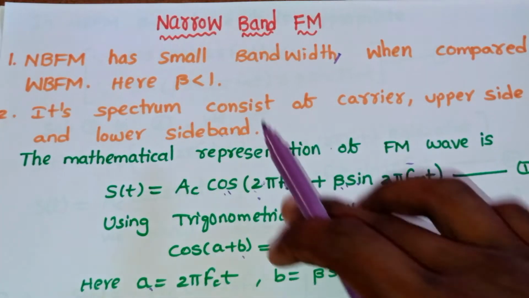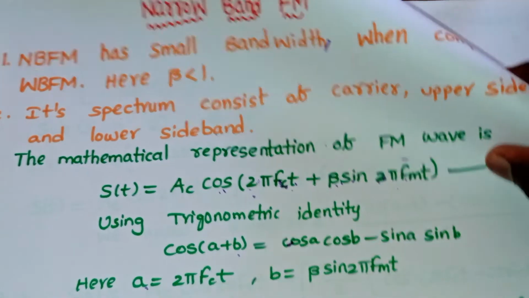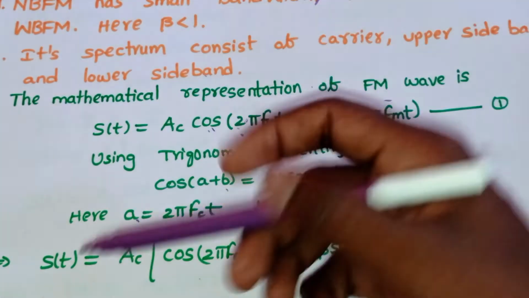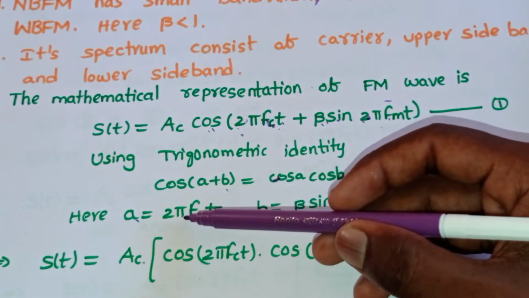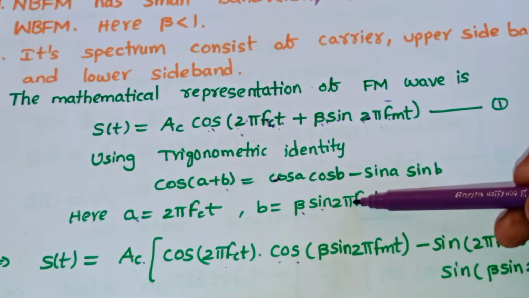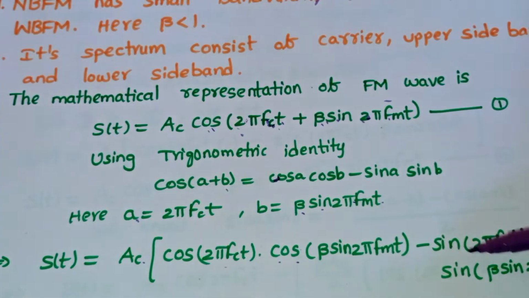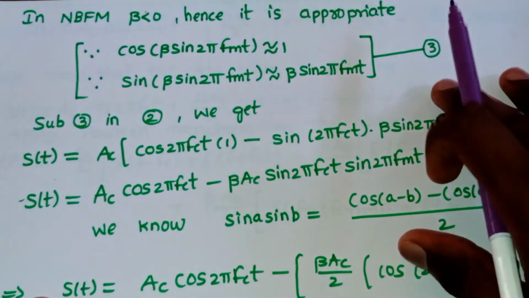Now apply this formula on the first equation, then we get S of t is equal to Ac times cos A, that is cos 2 pi fc t, times cos B, cos of beta sin 2 pi fm t, minus sin A sin B.